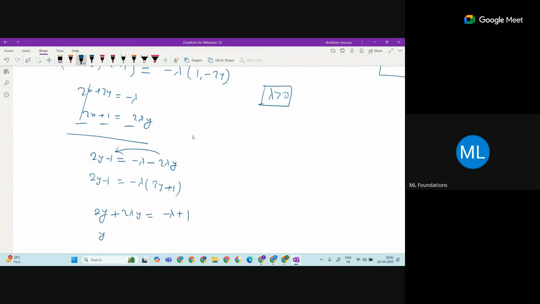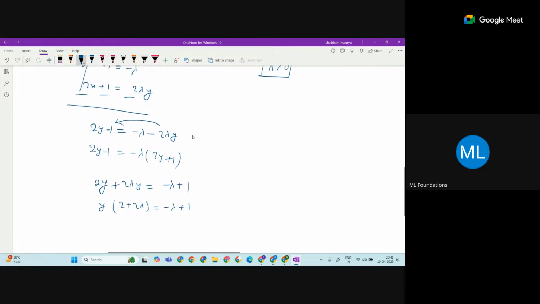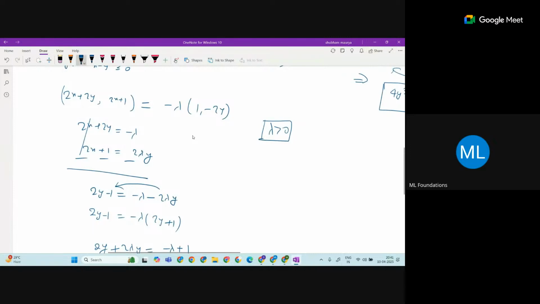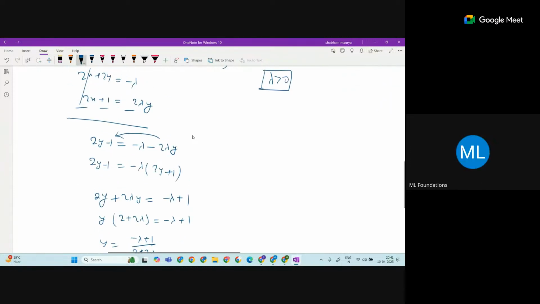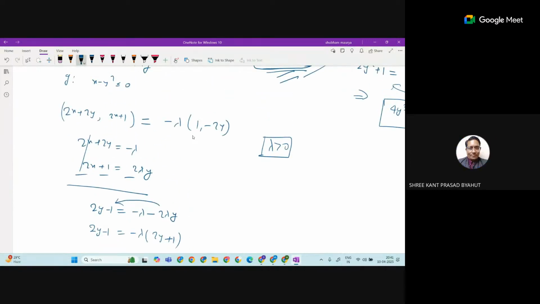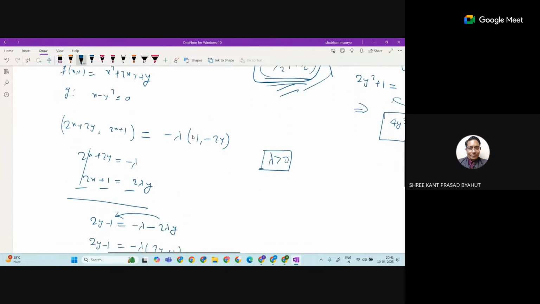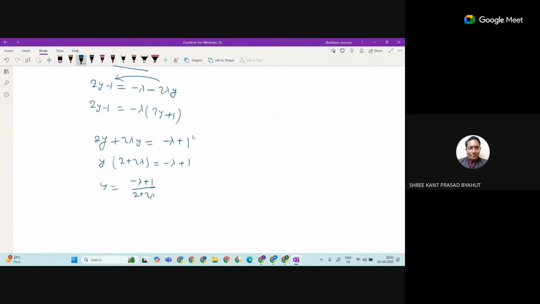Taking y as common, this is 2 plus 2 lambda times y equal to minus lambda plus 1. So y is equal to minus lambda plus 1 upon 2 plus 2 lambda, which is 1 by 2 times 1 minus lambda by 1 plus lambda.